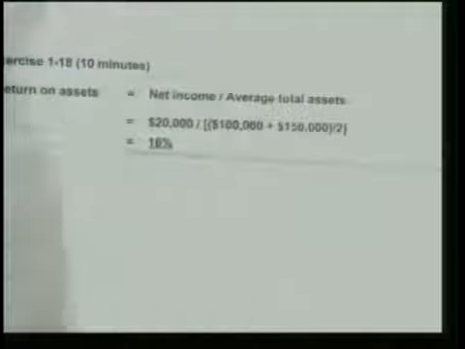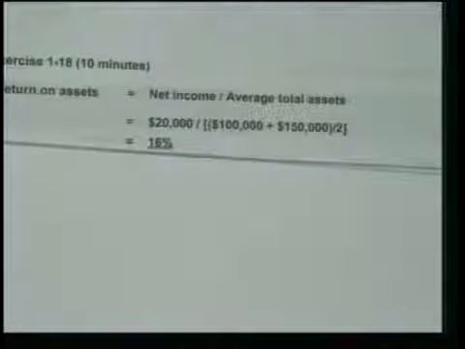Now, these ratios don't mean anything in themselves. We have to compare it to something. It's like, do you ever go to the doctor and they give you a score, like a cholesterol score? Your cholesterol score is 74. Okay? Is that good or is that bad? Right? We don't know. The number itself, we don't know. Okay?